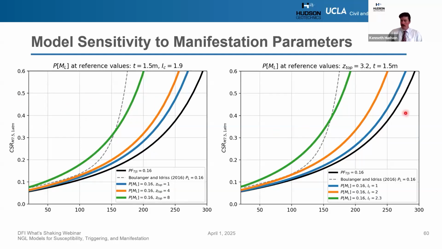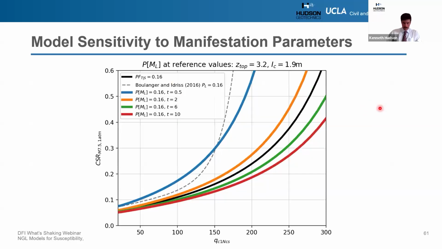We can also look at the effect of I sub C. If we have a really clean sand, I sub C of 1 here, very sand-like, then it's very similar manifestation potential to its triggering. But if we increase the I sub C to 2 and then to 2.3, and as we keep making it more clayey, we can see that suppresses the manifestation potential of that layer.